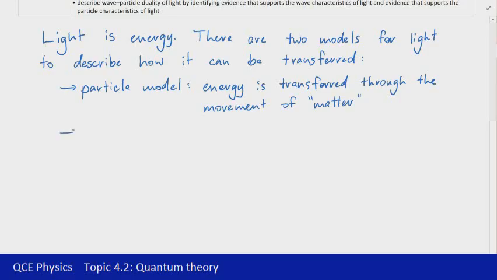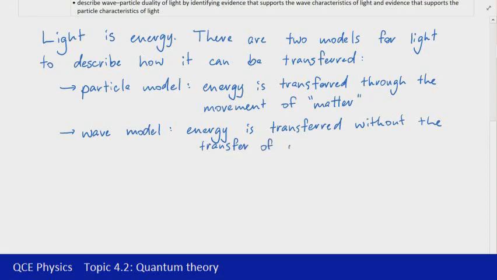And the second one then is the wave model. Now, if you cast your mind back to Unit 2, a wave transfers energy without transferring matter. So ultimately the difference between these two is how energy is being transferred. Particle model, it's with the movement of matter, and with the wave model, it's without the transfer of matter.